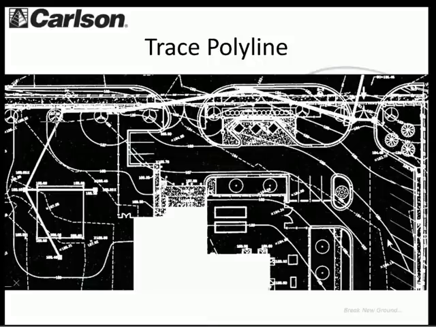polylines out of raster images. So if all you get for your input is an image of the plans, you can now trace the image line work to create polylines in the drawing.